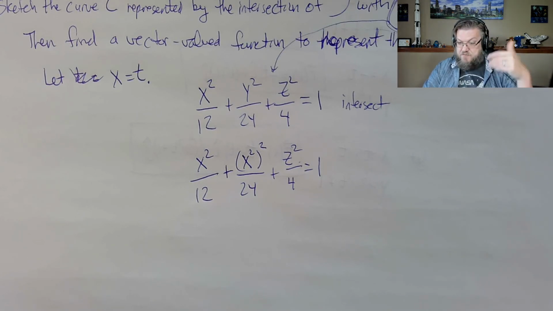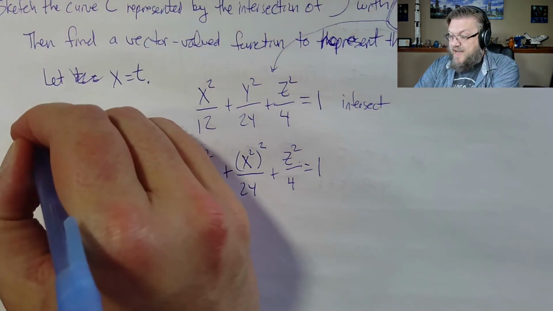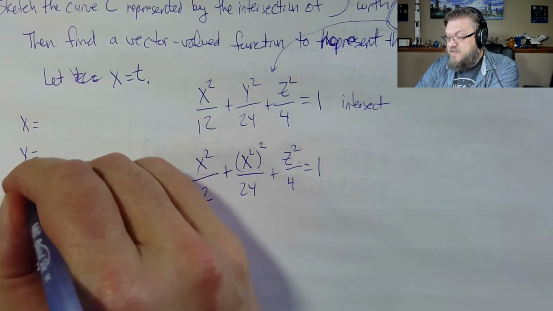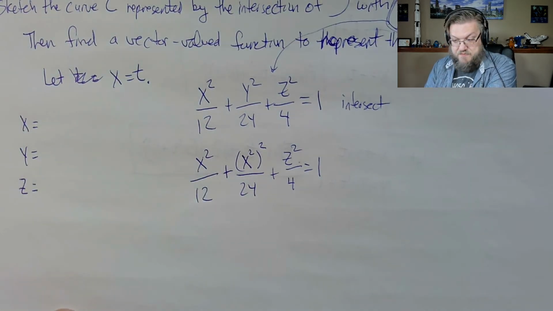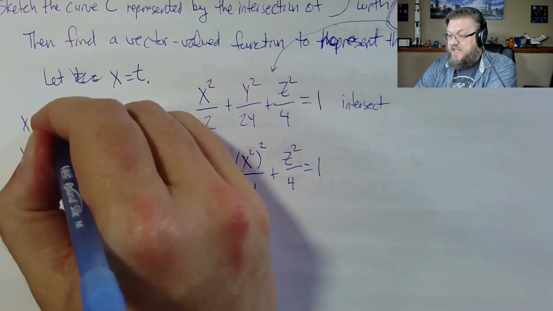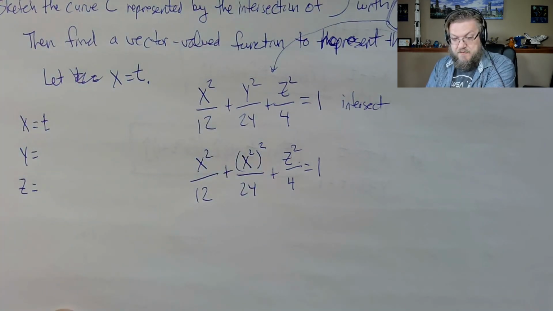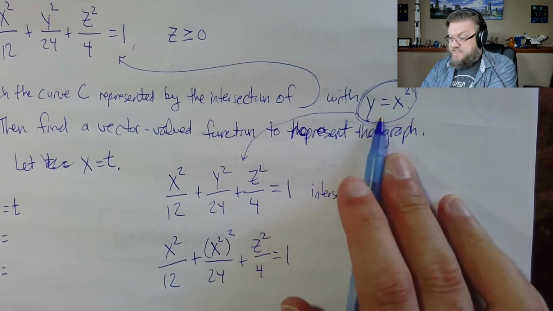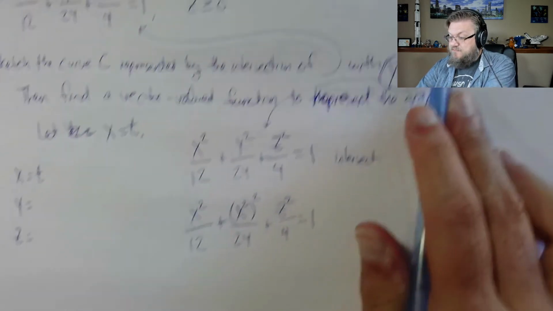Then I have the relationship that I need. I have my x equals, my y equals, and my z equals. Ultimately, that's what I need to find. I need to find what my i component is, what my j component is, and what my k component is. Right now, I've just declared this to be t. What is y? Well, if it is intersecting this, y has to be t squared.